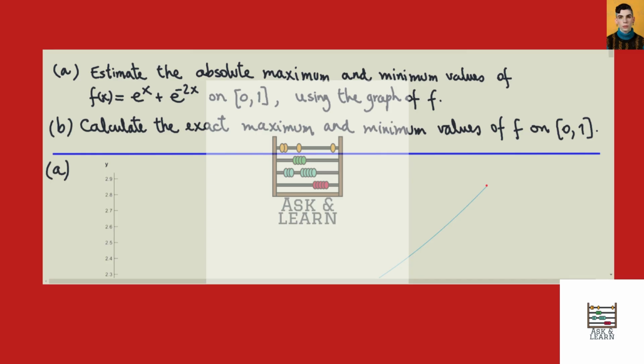And the other thing is that we know that those extreme values are attained at either the endpoints of the interval or at critical numbers of the function in the interval.